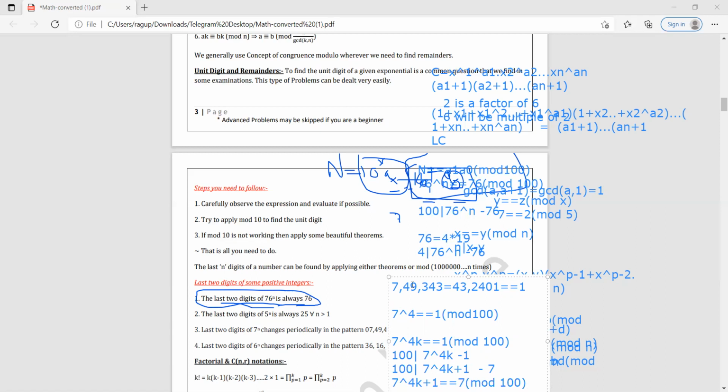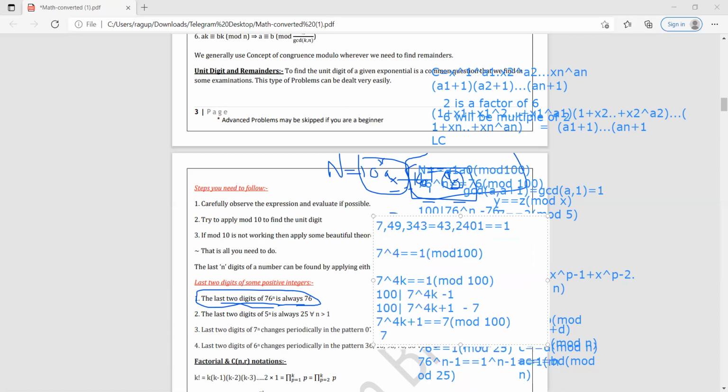Similarly, we will do this. So we will have 7 raised to 4k plus 2 mod 100 is 49. 7 raised to 4k plus 3 is 43. Thus, if you start the pattern from 1, 7 raised to 4k plus 1 on division by 100 has remainder 7.